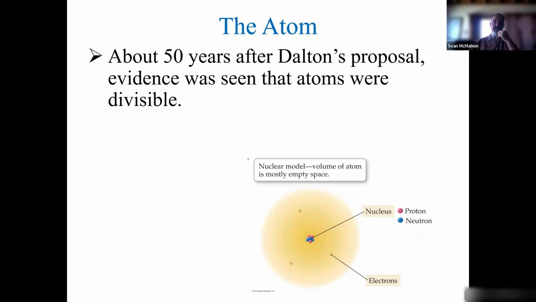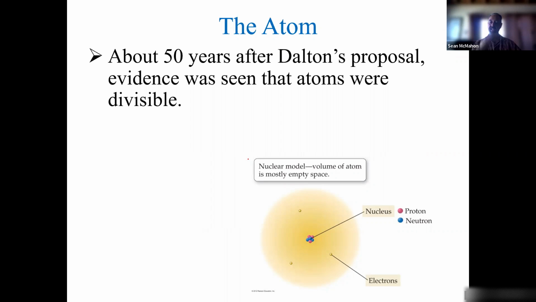So about 50 years after Dalton's proposal, evidence was seen that atoms were actually divisible. And what that means is there's something smaller than an atom, okay? Basically, it was the nuclear model. The nuclear model basically said that the majority of the atom is empty space, okay?